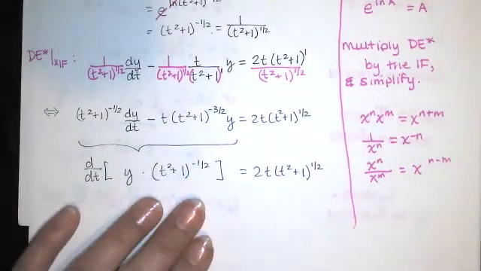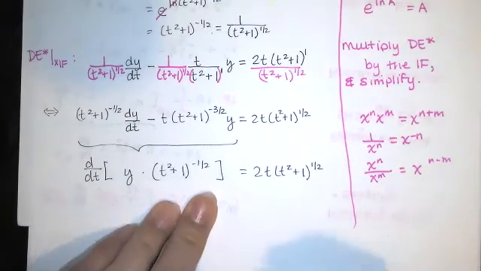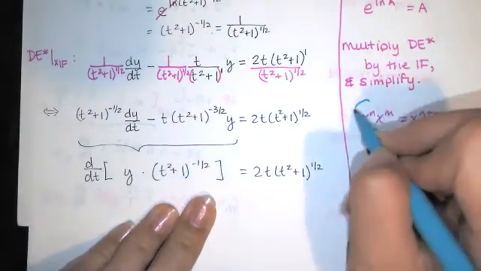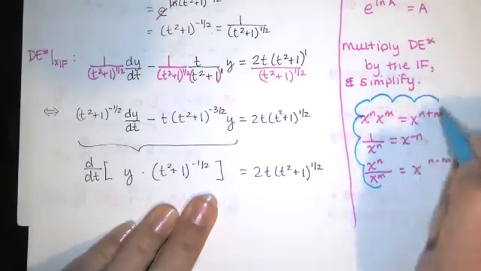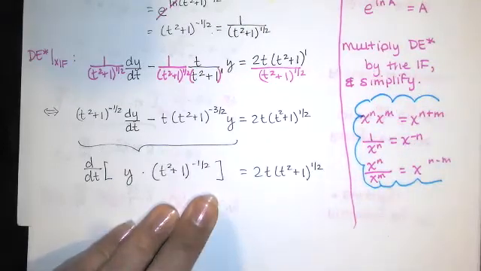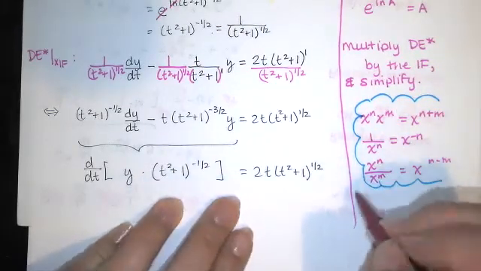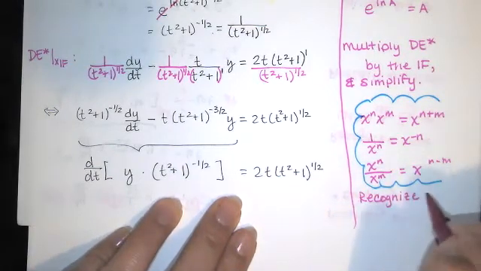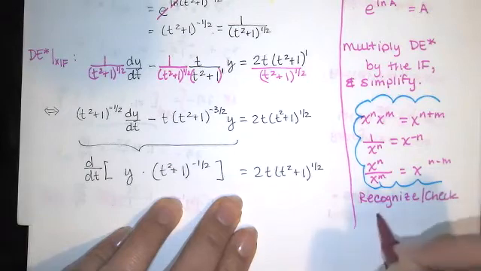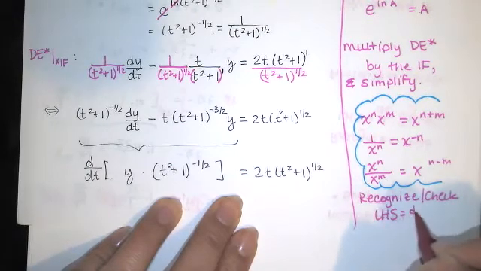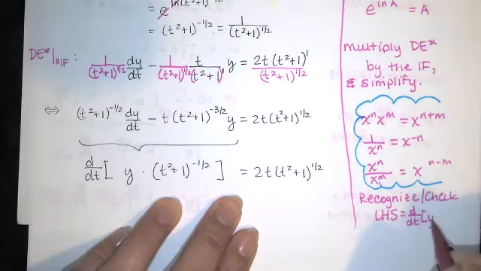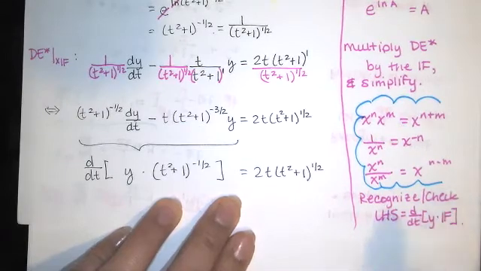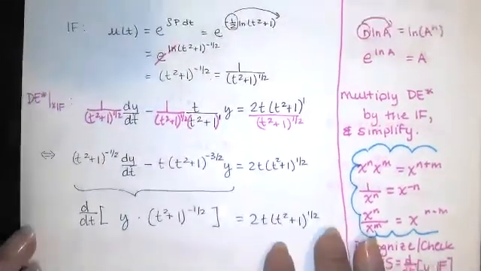Now you should always check this out. This is sort of an algebraic aside, a little algebra review. Back to diffie. At this point, we want to recognize and possibly check that the left-hand side is equal to the derivative with respect to t of y times the integrating factor. You can use y times mu if you prefer that notation.